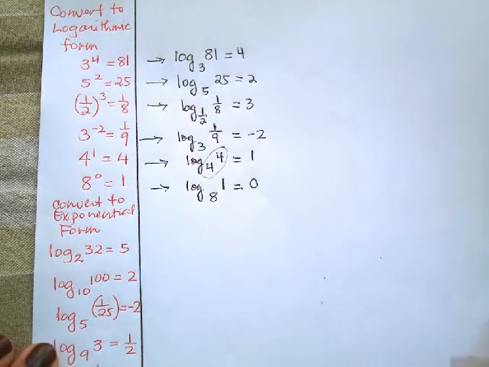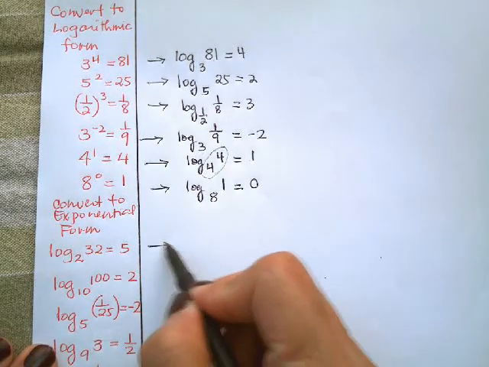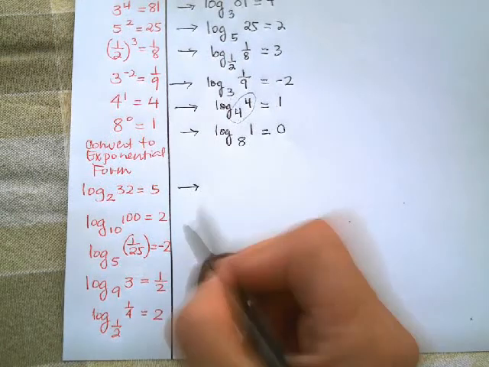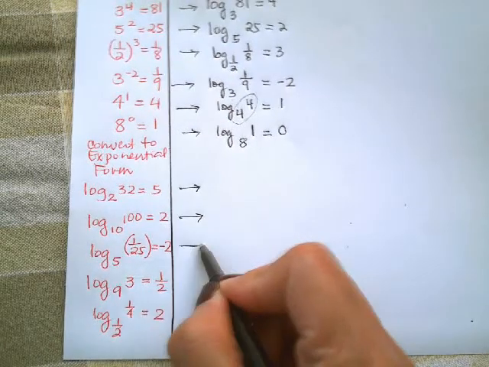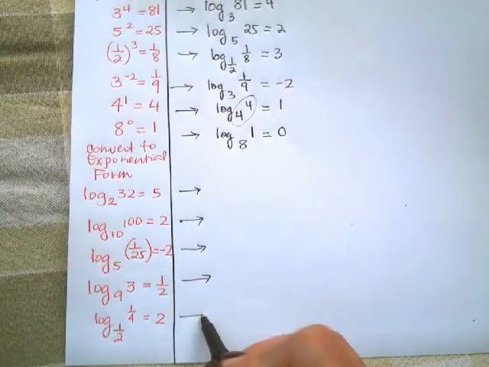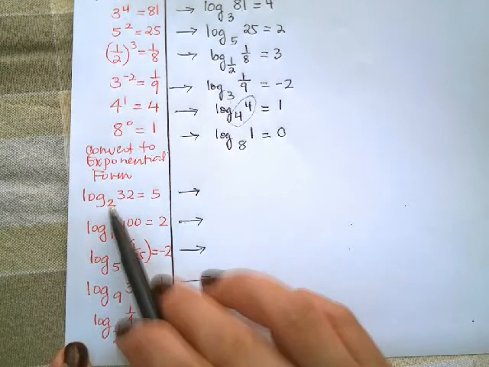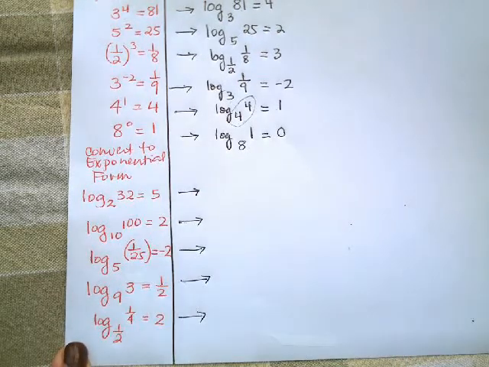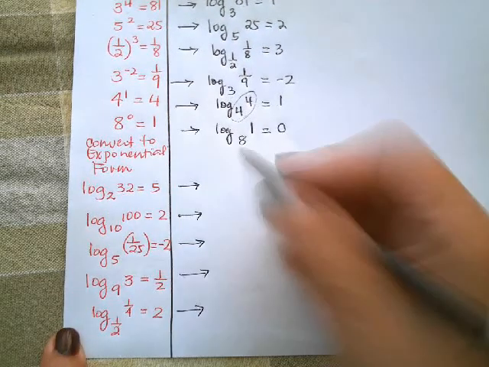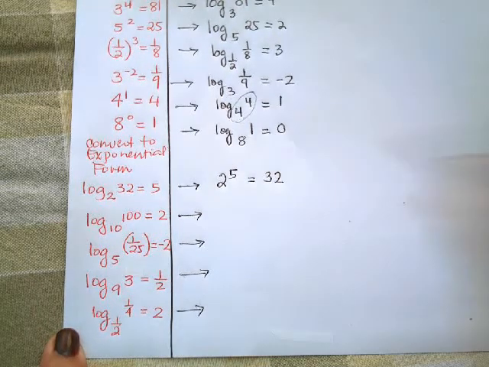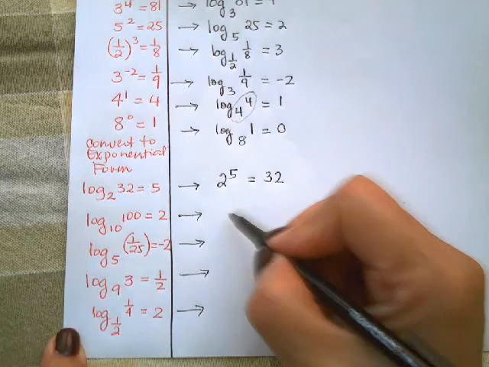Now, let's try the opposite. Pause the video and answer the inverse. You're given logarithmic form, and you are asked to find the exponential form. 2 to the 5th is 32. Try that. Pause and answer the next.